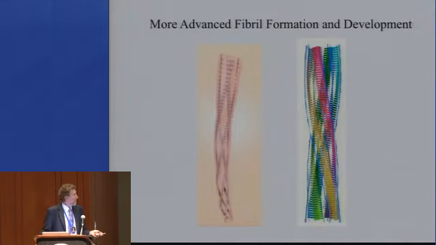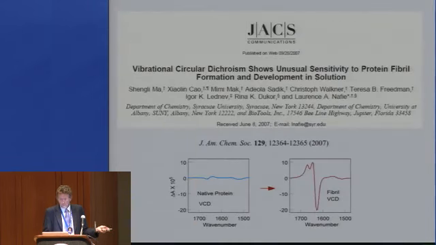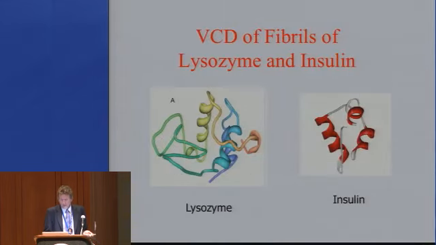And fibril filaments, which are the individual strands, these are 4 different filaments, can braid and twist. And when they form and braid and twist, the VCD grows by 1 to 2 orders of magnitude. And this is a paper that first reported that.